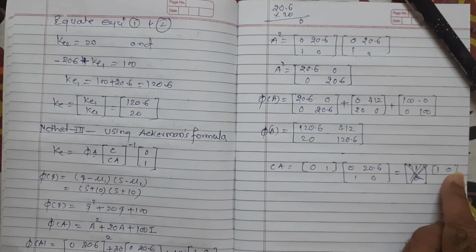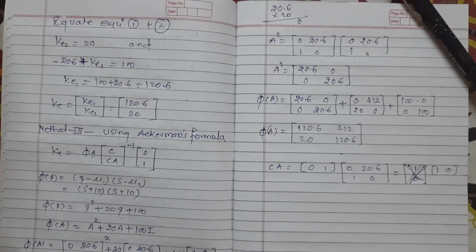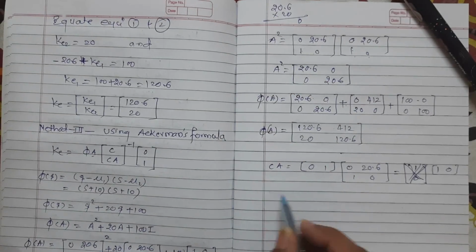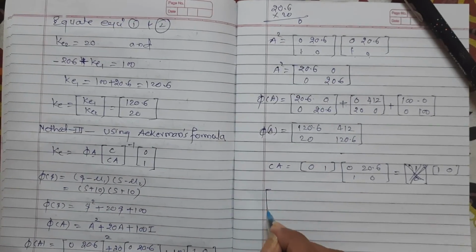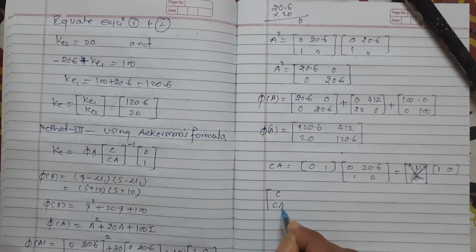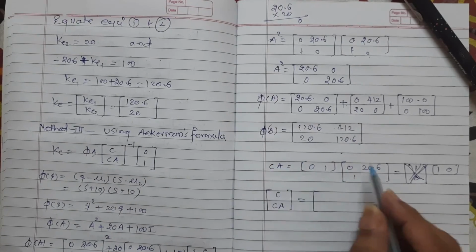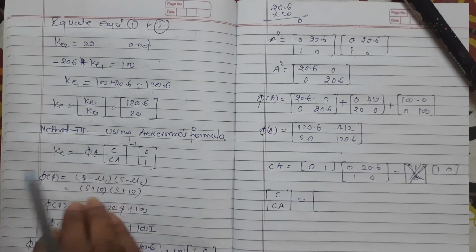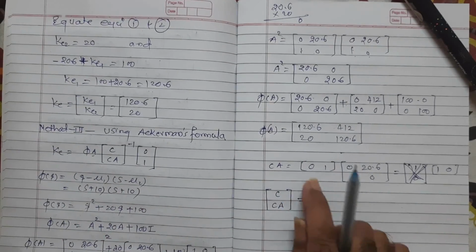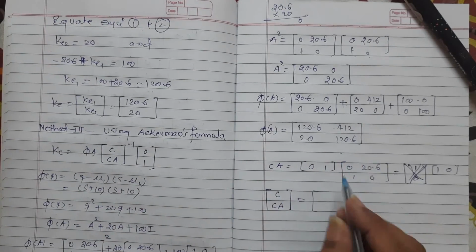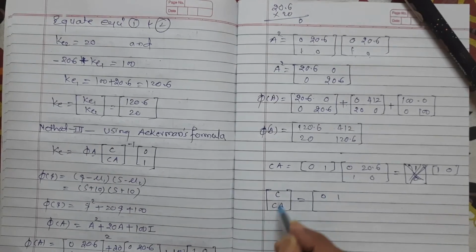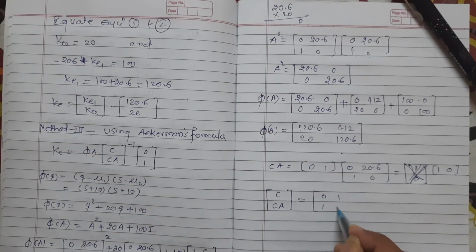So here is the 0. Now we have the matrix C and CA, which is C is [0, 1] and CA is [1, 0].